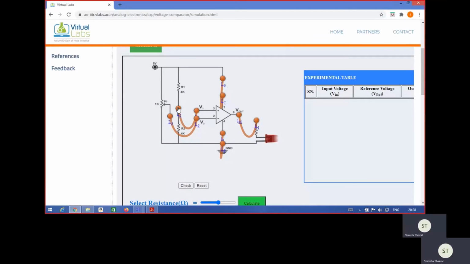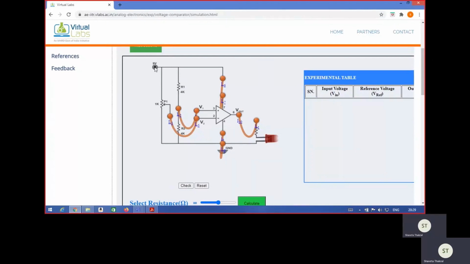We can apply the voltage dividing rule. As per the voltage dividing rule, to measure the voltage across R2, it is the total voltage 9 volt times R2, that is 4K, divided by R1 plus R2, that is 4K plus 4K, which is 8K. Because both resistances are the same, equal voltage will be divided here.